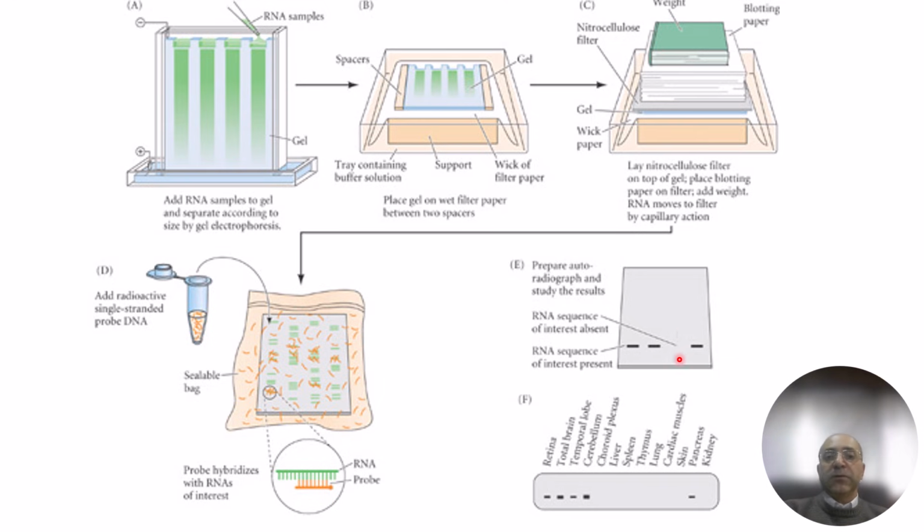Sample 3 does not transcribe this gene. Why? Because there's no signal. Number 2, we know that the RNA molecule is small. It's a short RNA molecule because if this is the top of the membrane, this means that the RNA fragment is quite small. All right, so these are the two pieces of information.